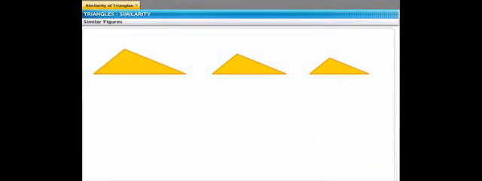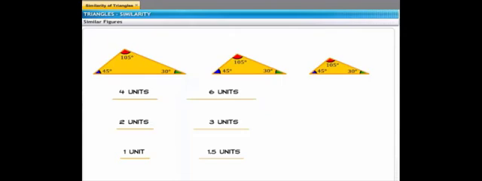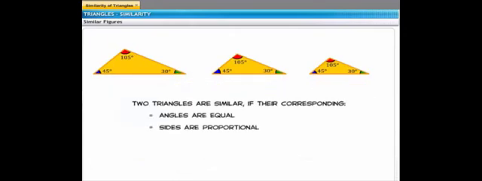On measuring the angles, we find that the corresponding angles are equal. On measuring the lengths of the corresponding sides, we find that the three pairs of corresponding sides are proportional. For two triangles to be similar, the corresponding angles must be equal and the length of the corresponding sides must be proportional.